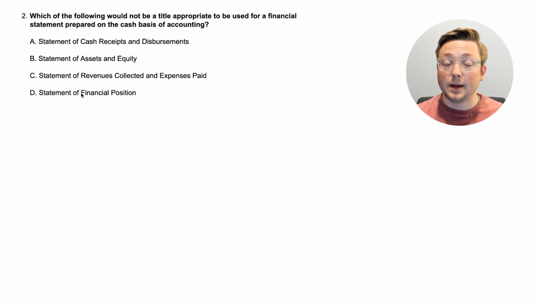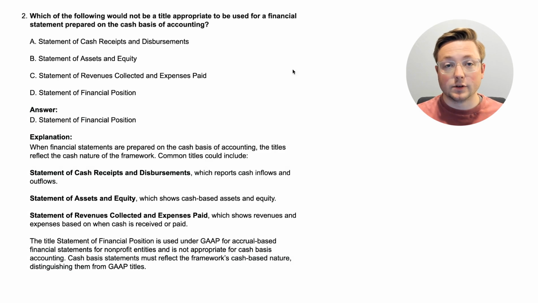That might not be the same as the balance sheet or the income statement, but we have talked about that in previous videos if you've watched them. So I pretty much have given it away by just walking through this. Statement of financial position is not going to be appropriate for preparing cash basis accounting. So let's walk through this and kind of talk this over. So the answer is, like I said, the statement of financial position.